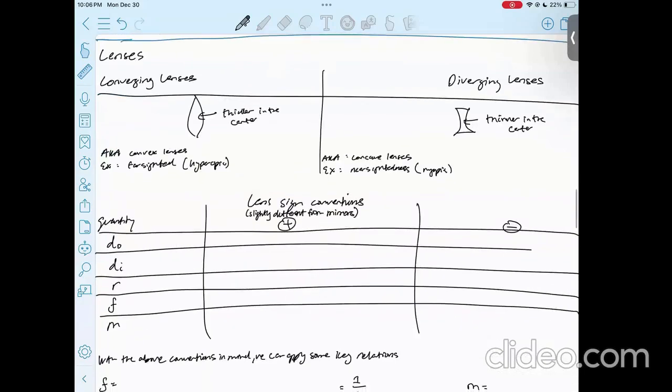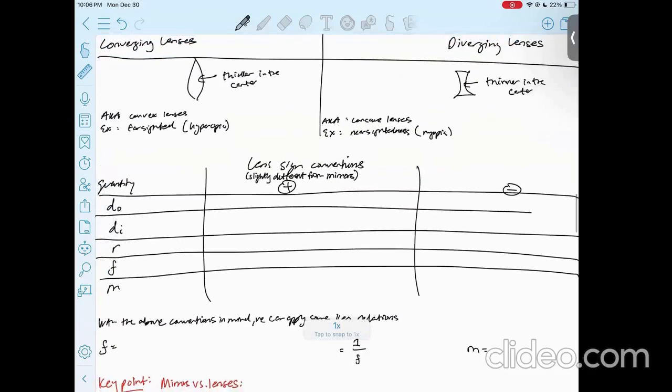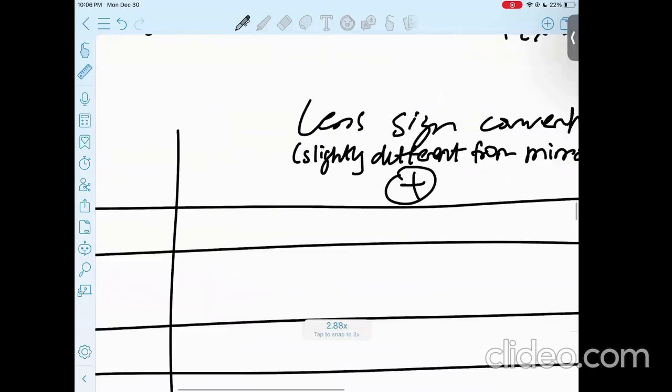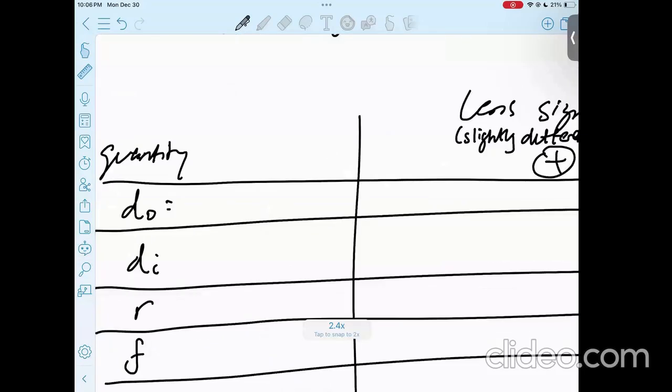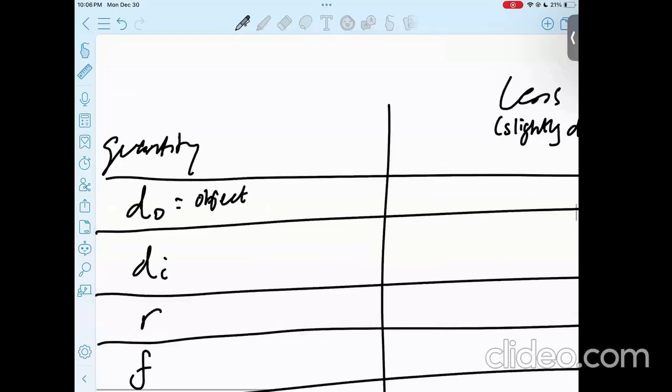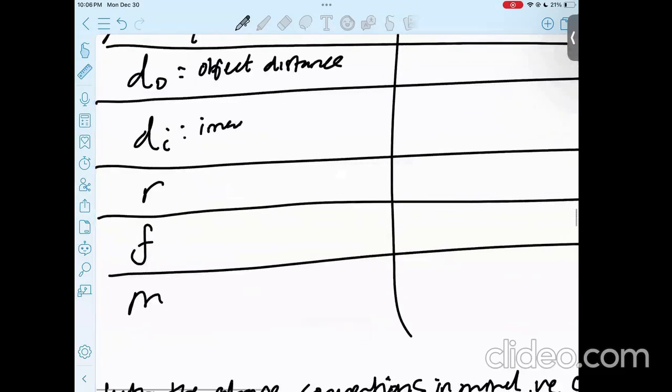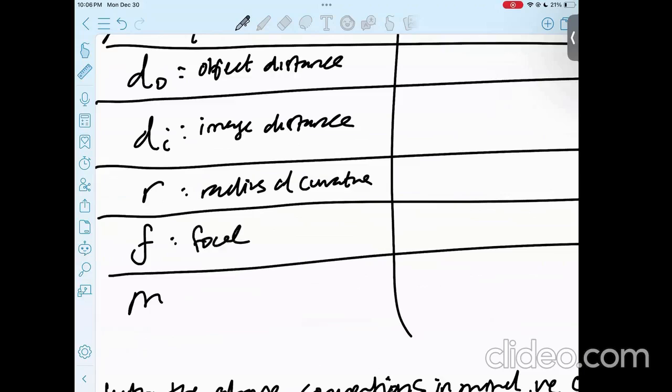Okay, and so as we did for the mirrors, let's make some sign conventions here for the lenses. They're a little bit different, but same spirit. So these quantities, they mean the same thing. So this is the object distance. This is the image distance. This is the radius of curvature. This is the focal length.